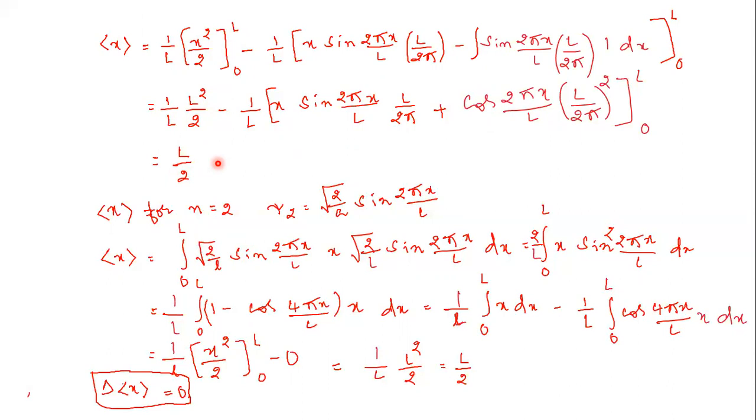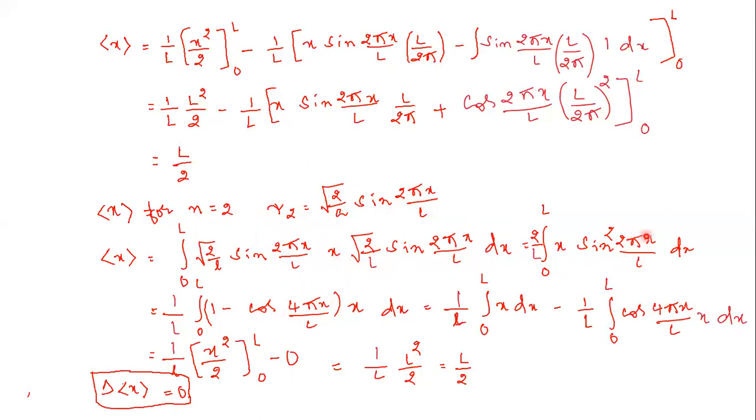Now do the same thing, finding the average value of position of the particle in the wave function corresponding to n is equal to 2. This is the wave function corresponding to n is equal to 2. So root 2 by a sine 2 pi x, we will take and do the same thing that was done earlier. Then this sine square theta formula is used.